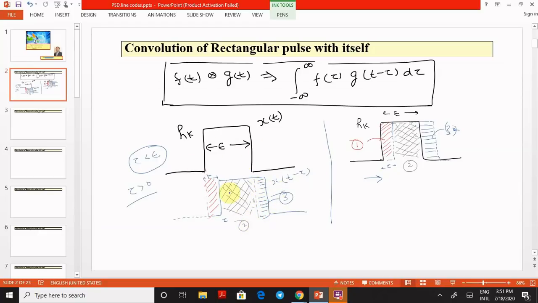So if we want to see the multiplication, or the convolution, of these two rectangular pulses, we have to take the interval of minus infinity to infinity, right?